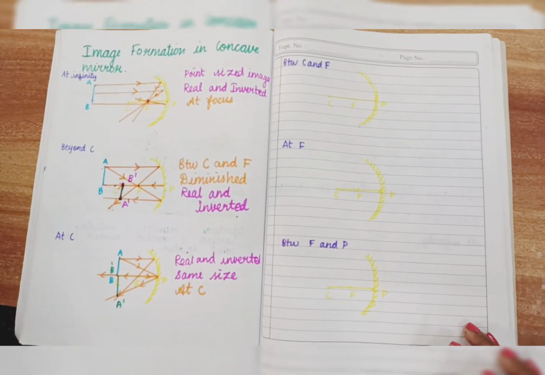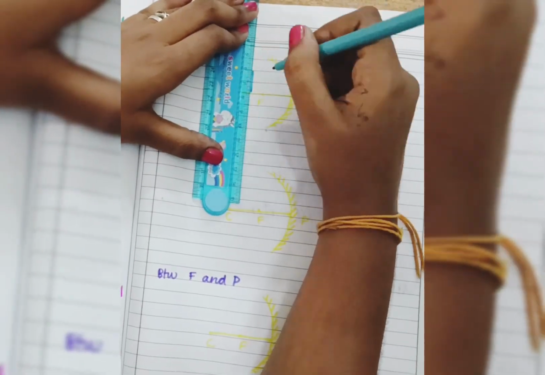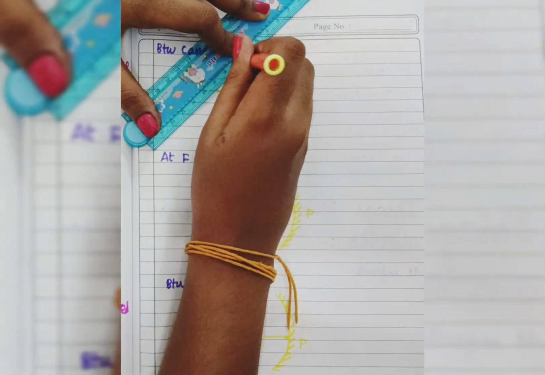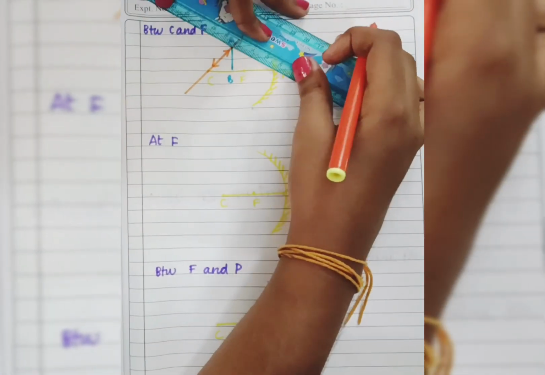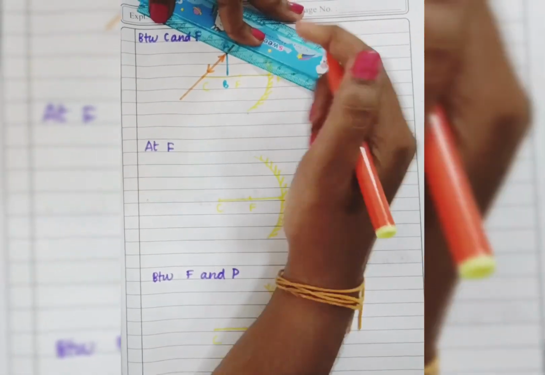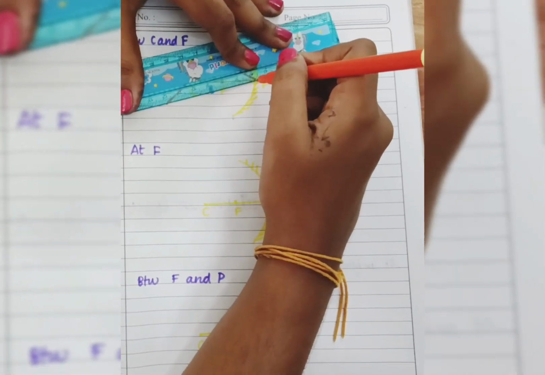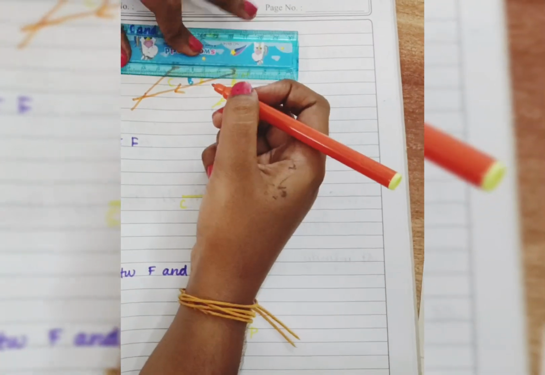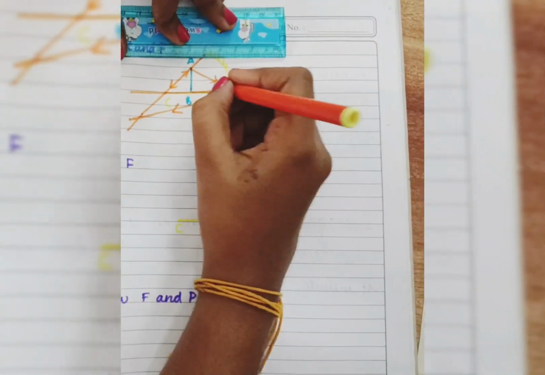Now we are going to place the object between curvature and focus. Find the ray that is passing through the curvature. Another one is passing through the pole. The ray from B is passing through the curvature.